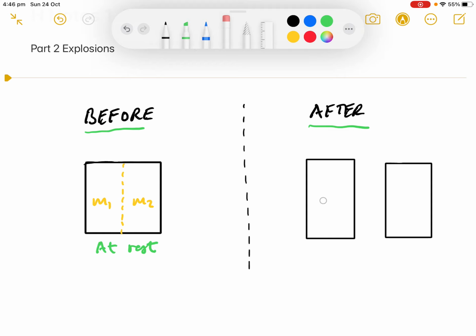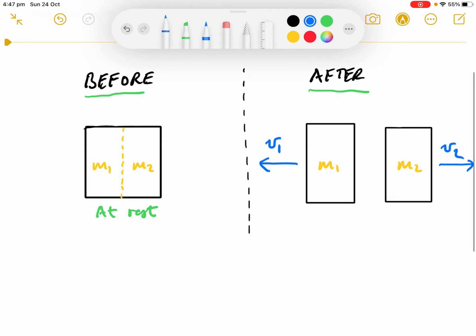So we've got M1 and M2. Now let's imagine that M1 flies off to the left at velocity v1, and M2 flies off to the right at velocity v2.